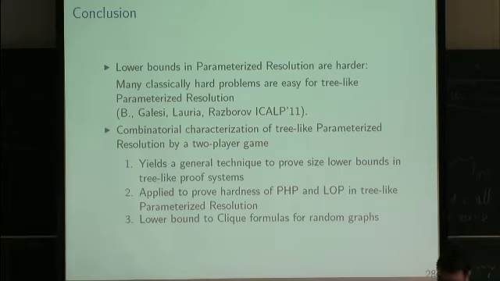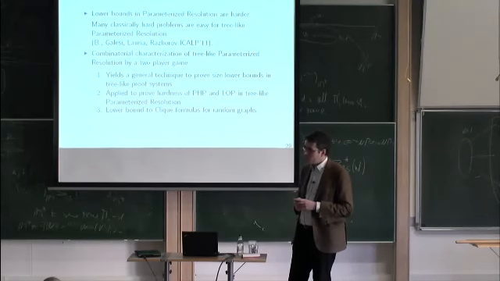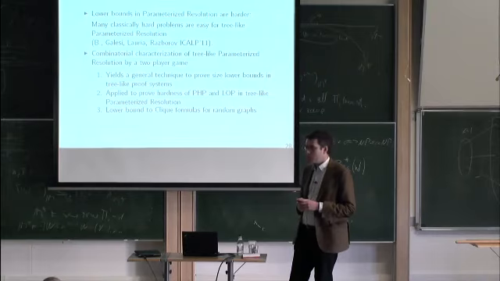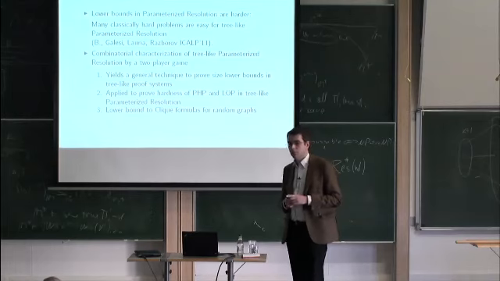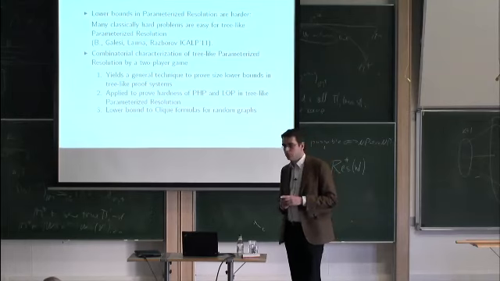Yeah, I mean, think about resolution where every clause has width k. Then, if it's not in tree-like form, you can put it into tree-like form by proving statements saying if all clauses up to now are true, then the next clause is true.